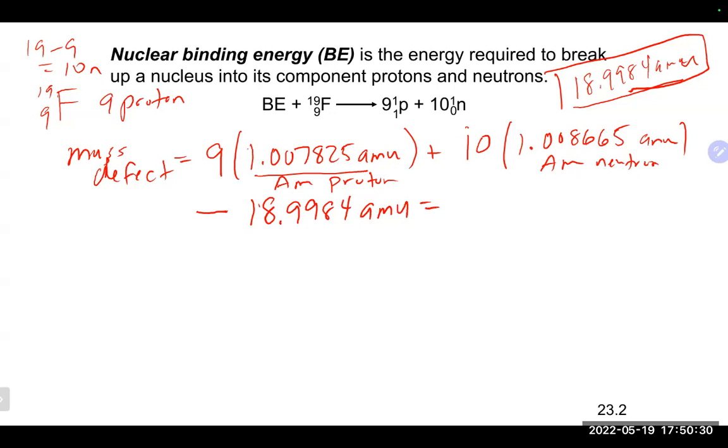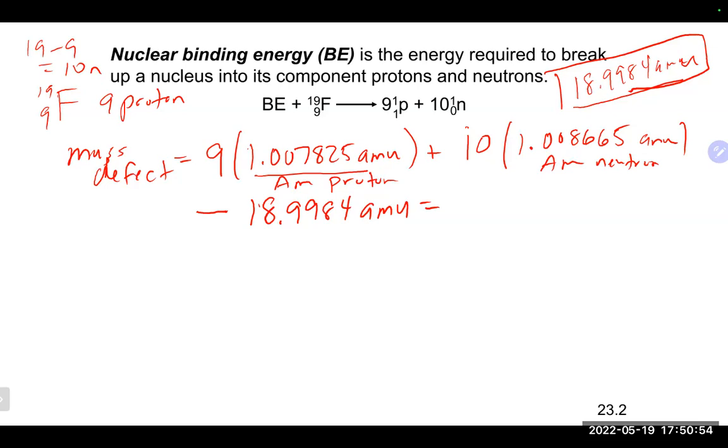And if we do that, and I reset my calculator, there we go: 9 times 1.007825 plus 10 times 1.008665 gives me 19.157.